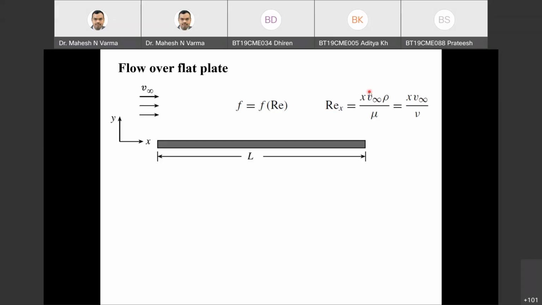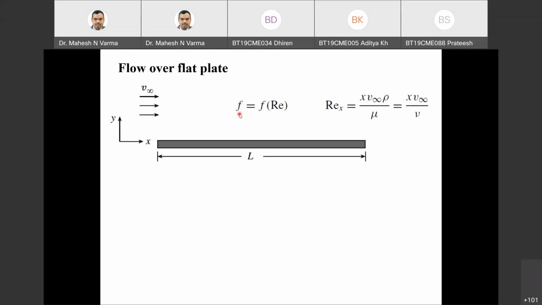But this is the definition of Reynolds number. Now certainly friction factor is a function of Reynolds number. What these scientists have done is they estimated a Reynolds number and a wall momentum flux, and from the wall momentum flux they got the friction factor.